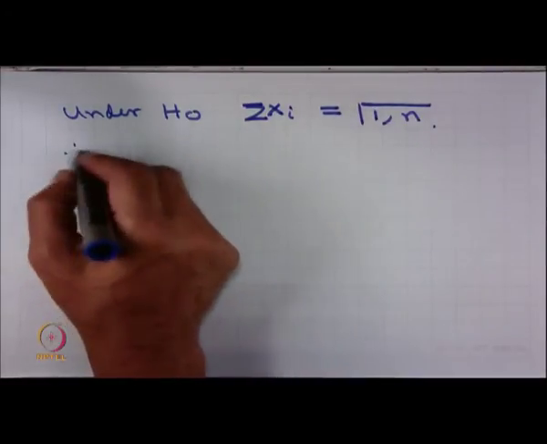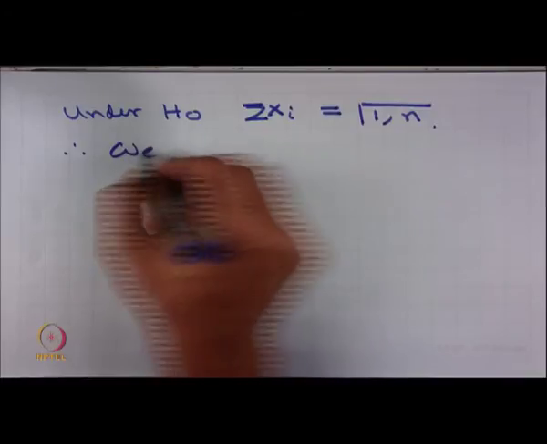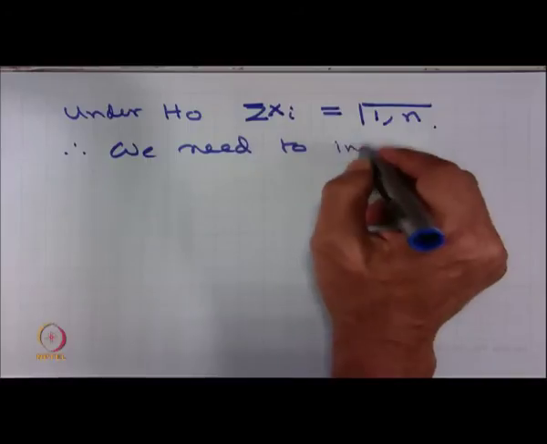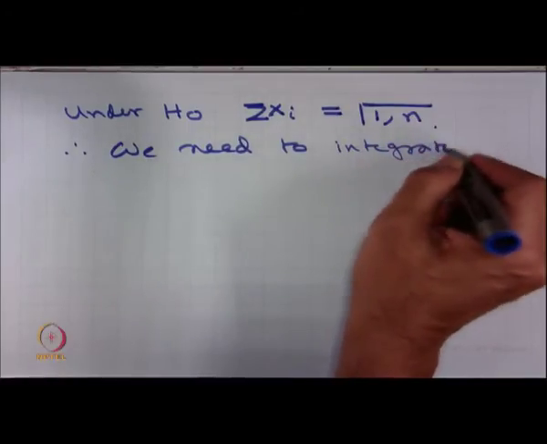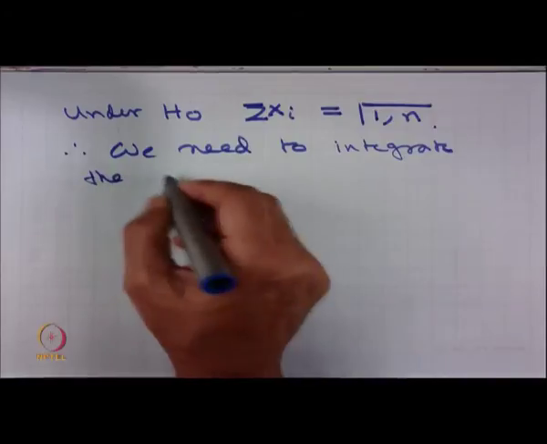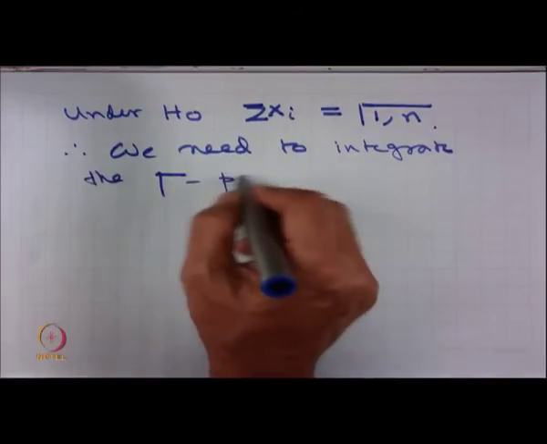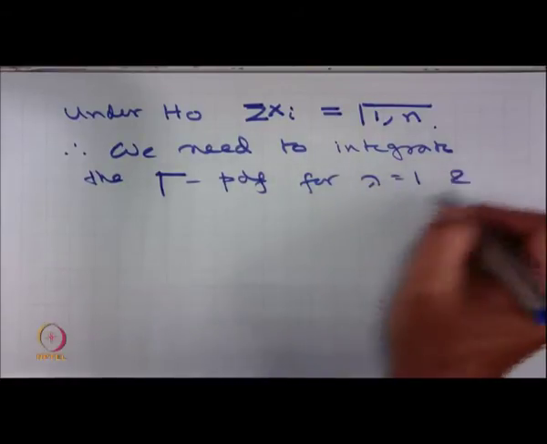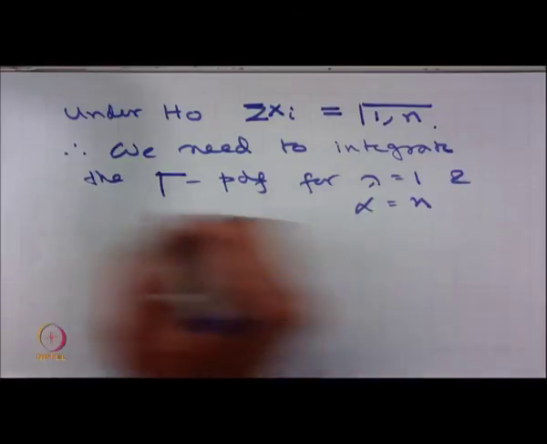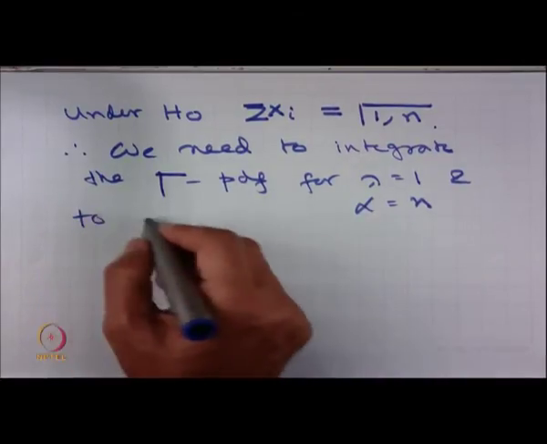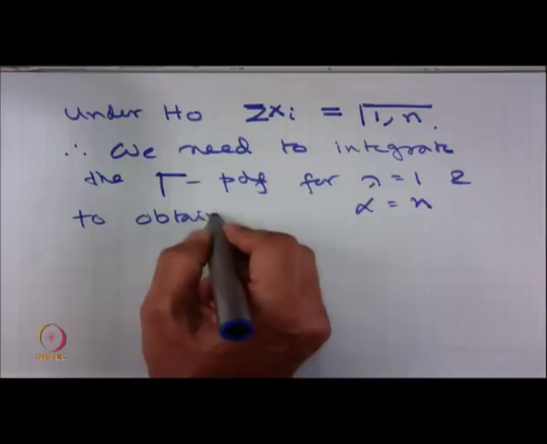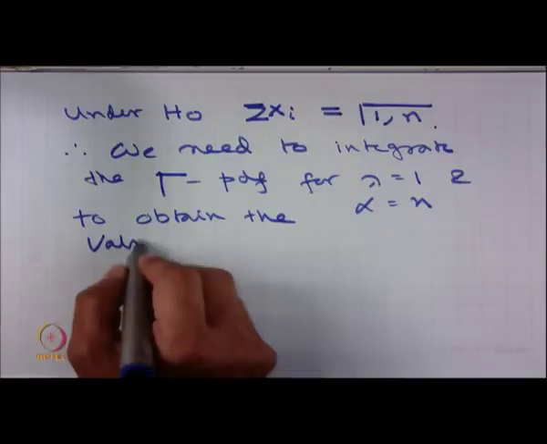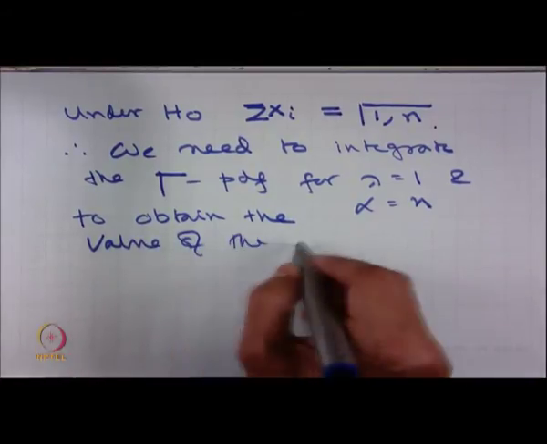Therefore, we need to integrate the gamma PDF for lambda is equal to 1 and alpha is equal to n to obtain the value of the integral.